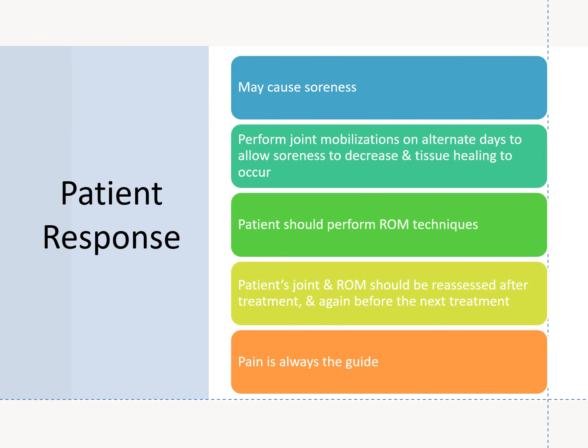To reduce this soreness, the patient should perform range of motion exercises. The patient's joint range of motion should be reassessed before and after the treatment. Pain is always the guide. Pain will tell you whether you are going too fast in your treatment or you're going too slow in your treatment. So pain is always the guide.